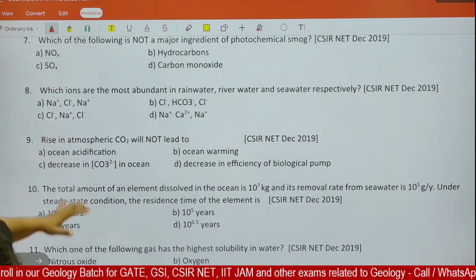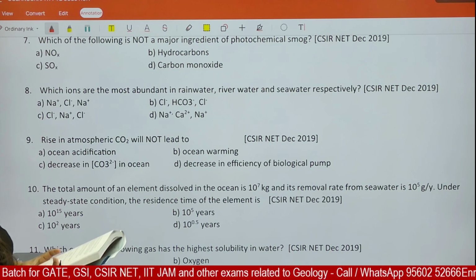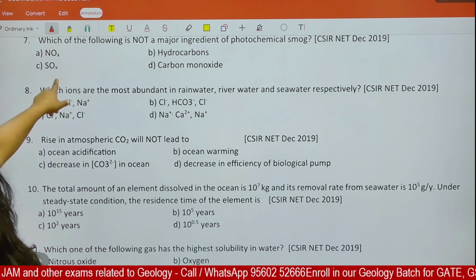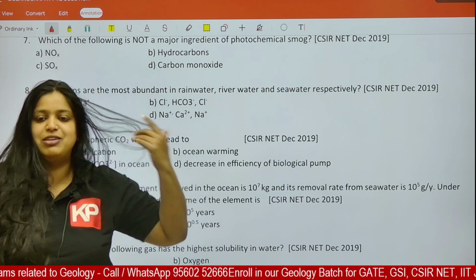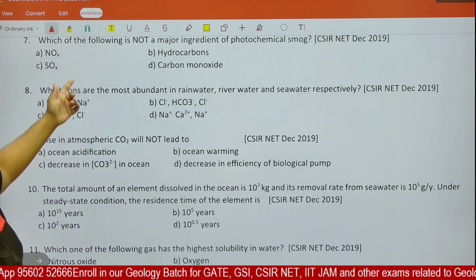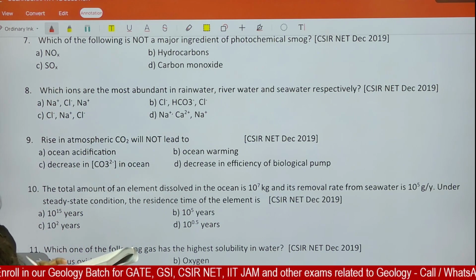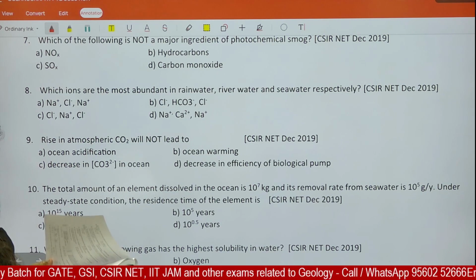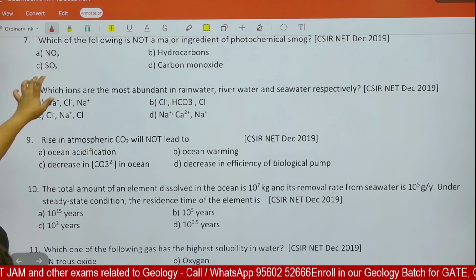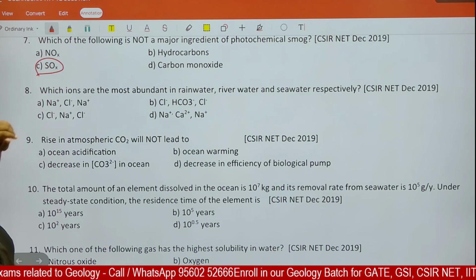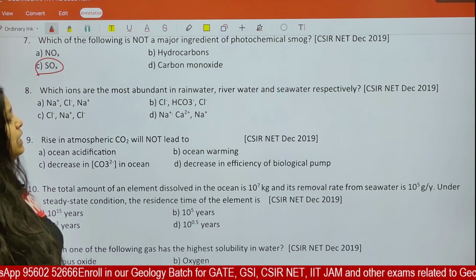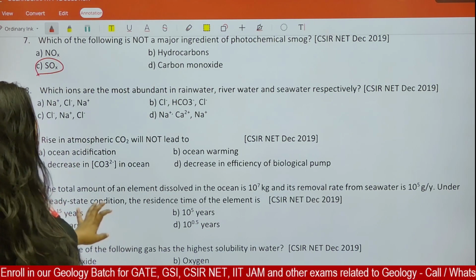Now, which of the following is not a major ingredient of photochemical smoke? This is actually not completely a chemistry of seawater topic. This is somewhere related to atmospheric characteristics. Anyway, when it comes to photochemical smoke, the one which is not a major ingredient is sulfur oxides, whereas nitric oxide, hydrocarbons, carbon monoxide are very important ingredients of photochemical smoke.